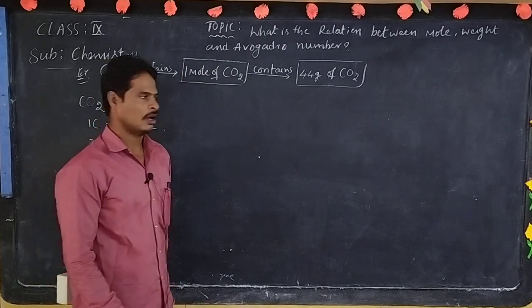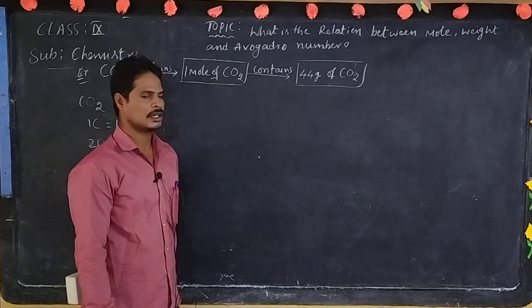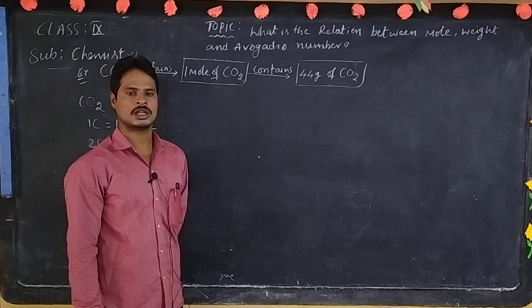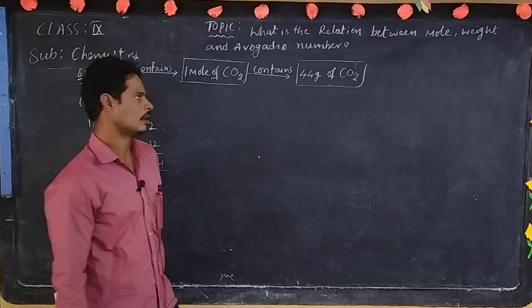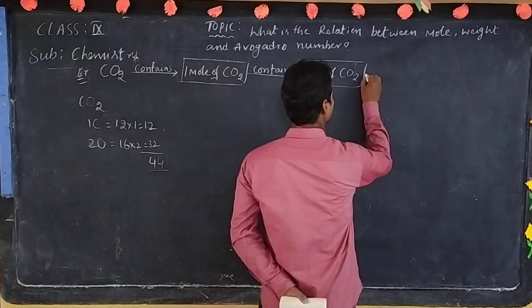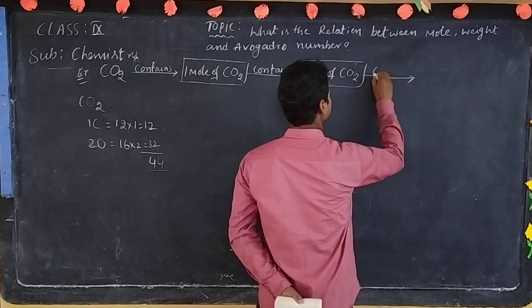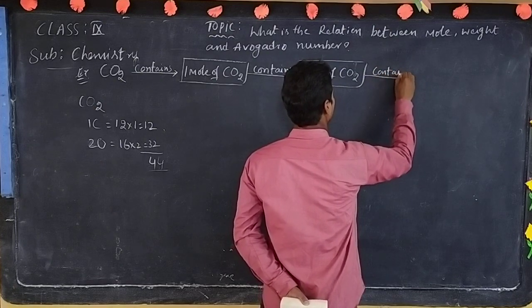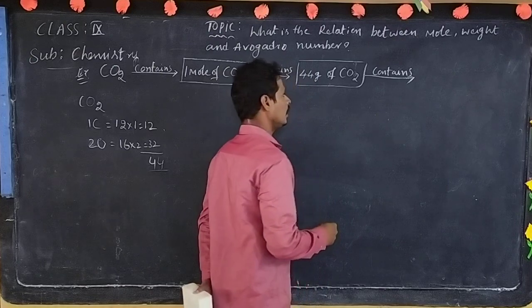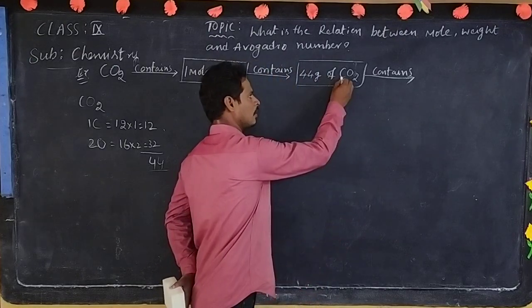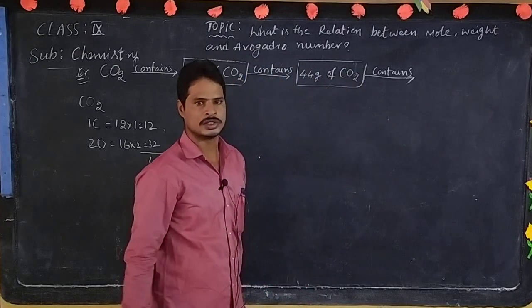Next, 44 grams of carbon dioxide contains how many moles of Avogadro number particles? Here observe carbon 1 is there, oxygen 2 is there.